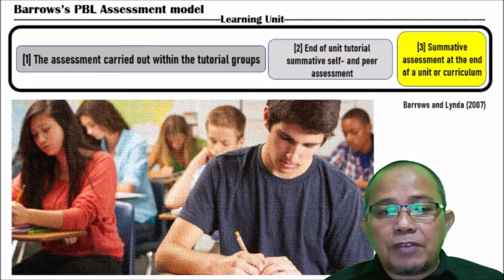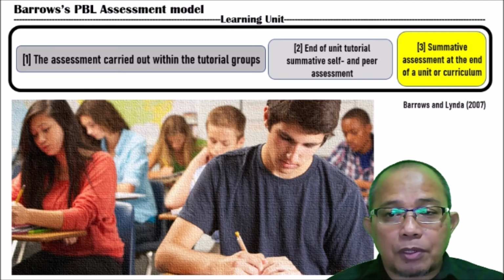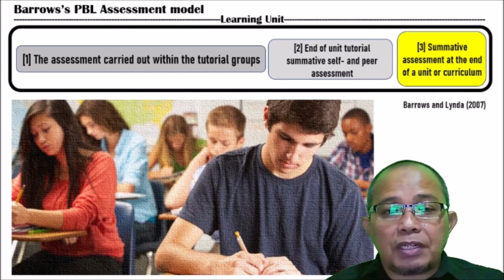3. Summative assessment at the end of a unit or curriculum. This is the PBL equivalent of the final examination. In this assessment, each learner performs on his or her own, not within the group. It complements the information obtained from the tutorial summative assessment and provides a cross-check on the information.